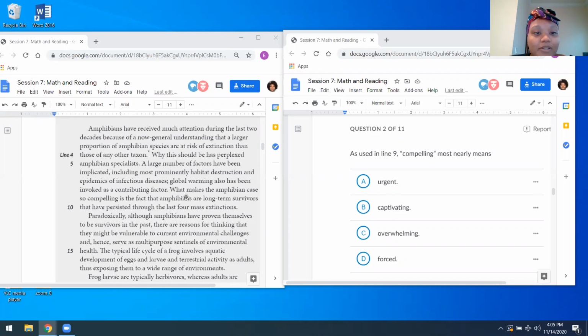So those are very urgent matters, and the whole paragraph leading up to line 9 is telling you of this urgent situation that needs to be taken care of, lest these animals go extinct.